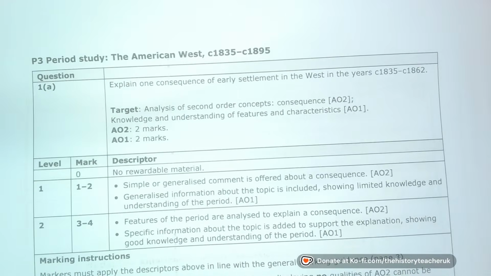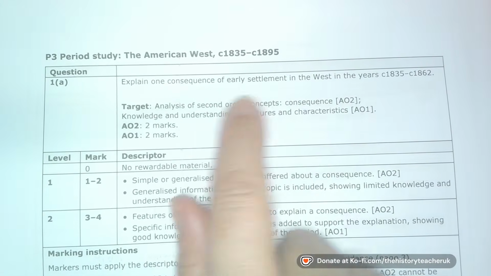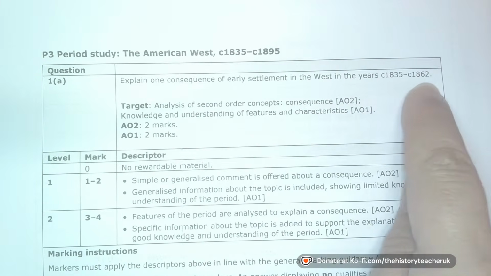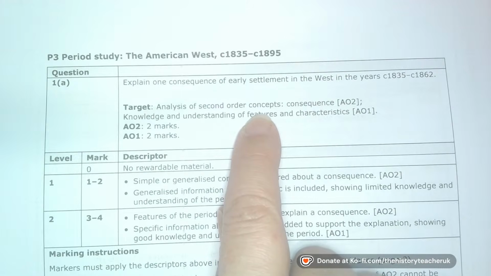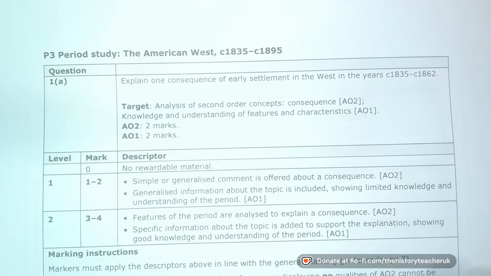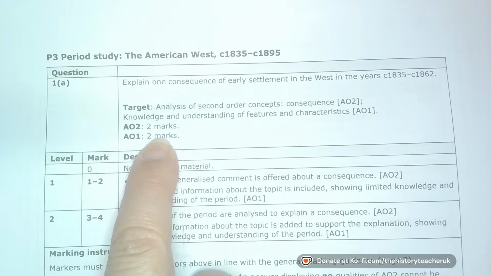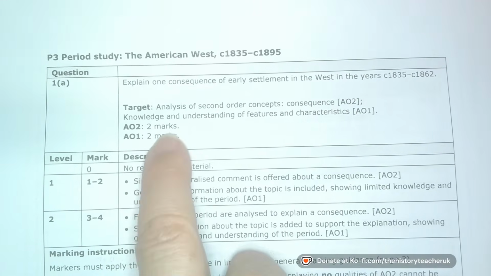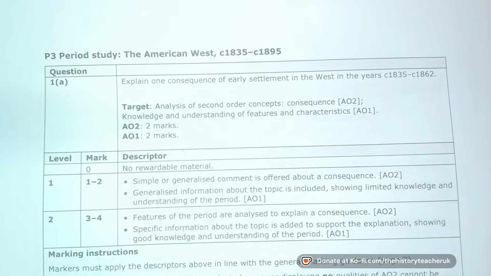The mark scheme says, explain one consequence of early settlement in the West in the years 1835 to 1862. It's an analysis of second order concepts, consequence. It clearly says it's AO2, which is the consequence section, worth 2 marks, and AO1, which is the knowledge section, worth 1 mark.